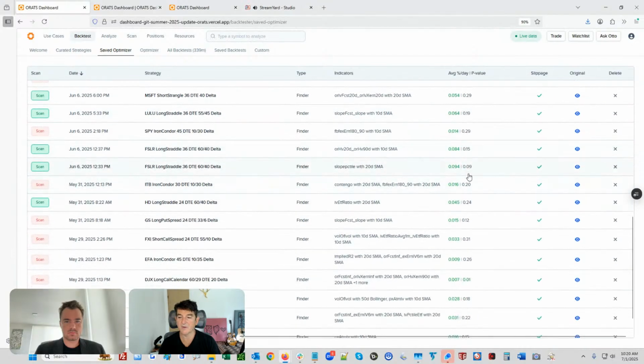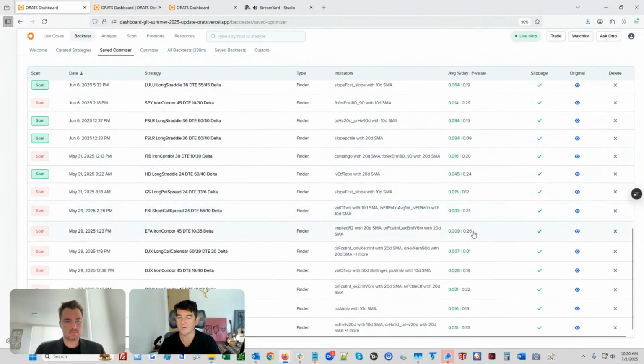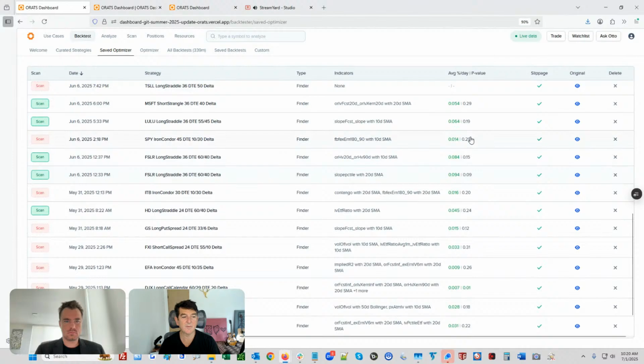I'm just scrolling down and looking at these. Here's another one, DJX, but that's not it. I was trying to look for one that's in the market right now that's really low. But I don't see it. So the lowest one in the market, there's a 0.9 for solar.